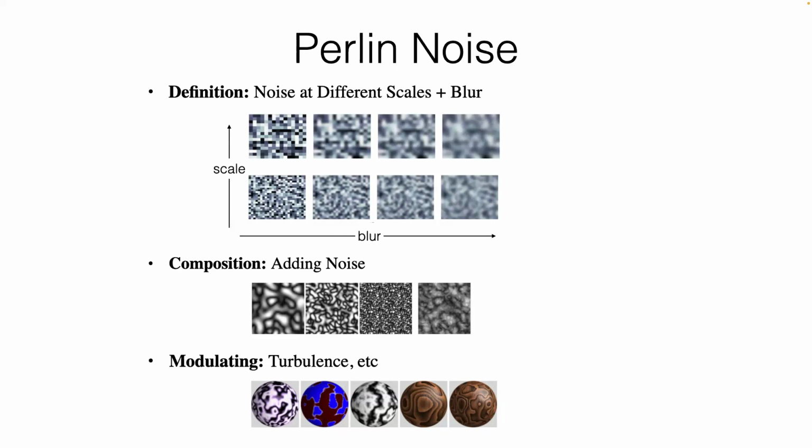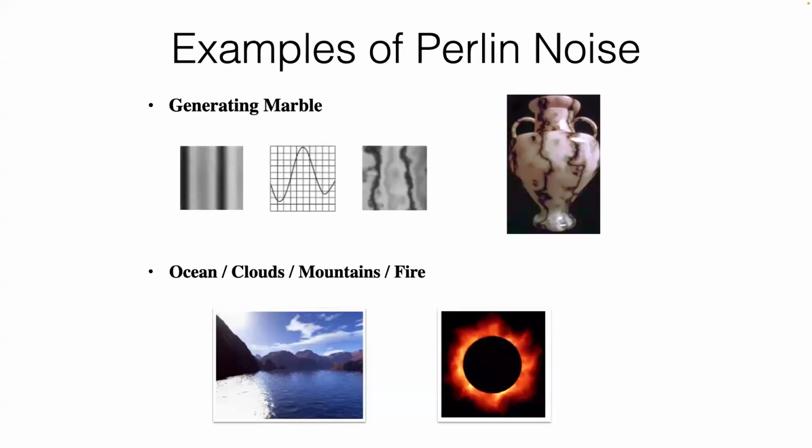And to really simulate the phenomenological real materials from nature, we do modulation, creating effects like turbulence and other types of modulation, right? And then with these elements, you can generate real things like marble, fire, ocean, and this is a natural phenomenon, and it's difficult to model otherwise, right?